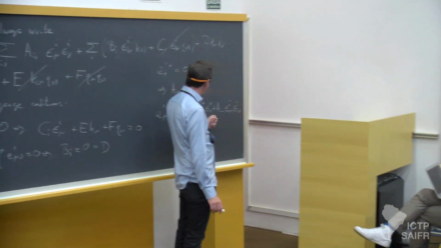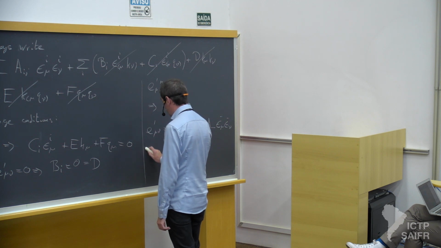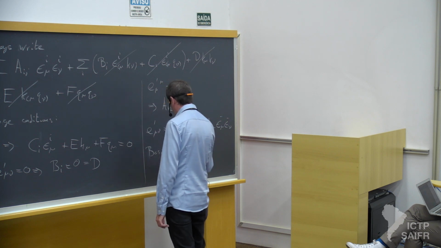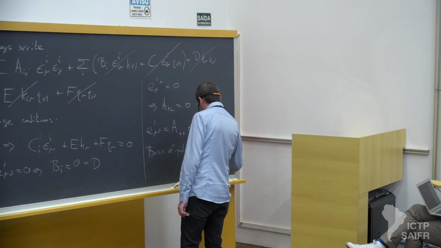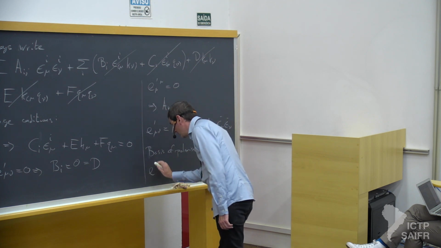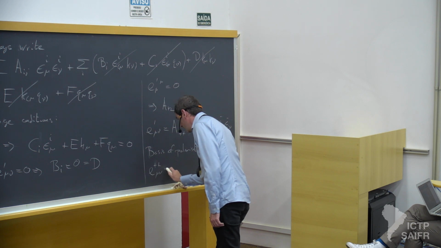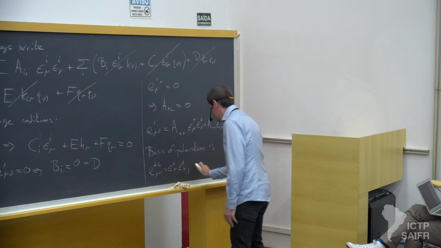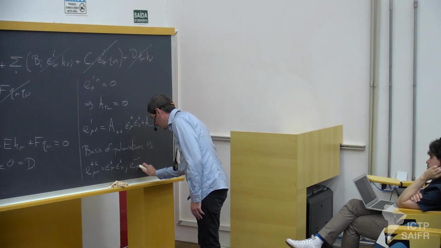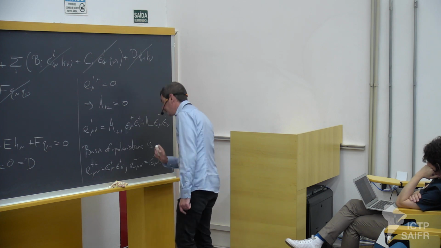The basis of polarizations is E plus plus mu nu, which is epsilon plus mu, epsilon plus nu, and E minus minus mu nu, epsilon minus mu, epsilon minus nu.